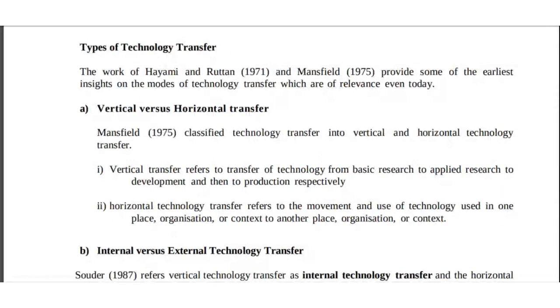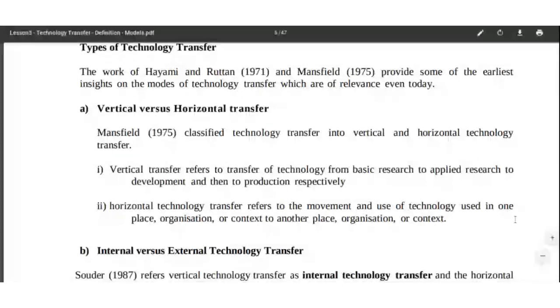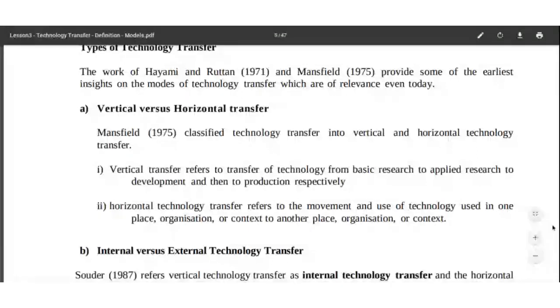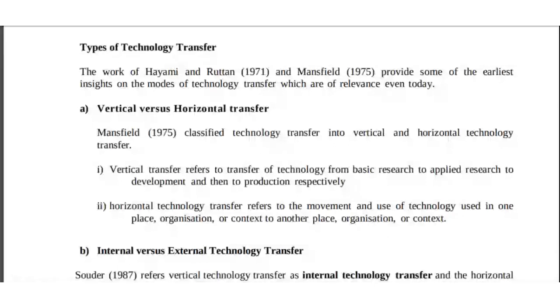Vertical technology transfer refers to transfer of technology from basic research to applied research, to development, and then to production, respectively. So it's a process with several stages that capture what we're calling vertical technology transfer.